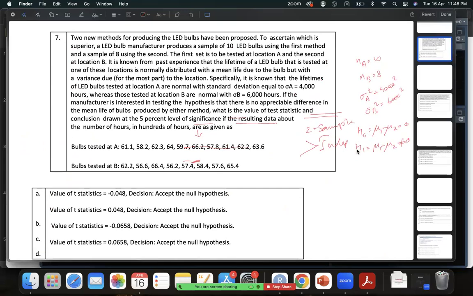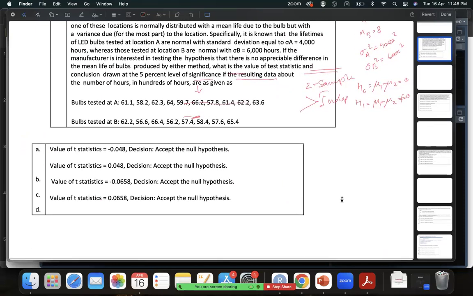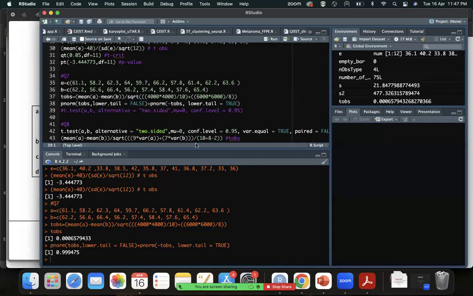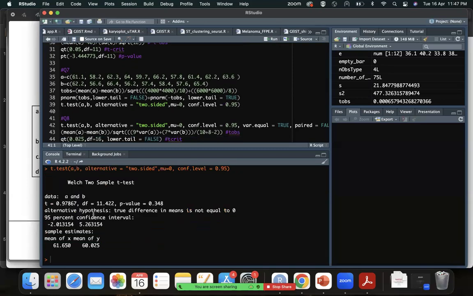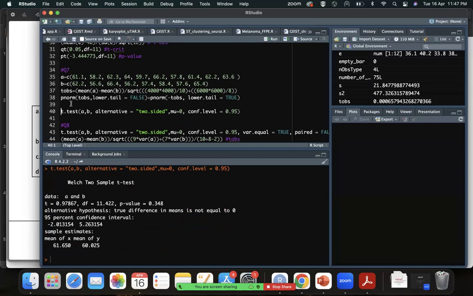What is the value of the T statistic? We haven't calculated that. So how do you calculate that? T test, alternative two-sided.